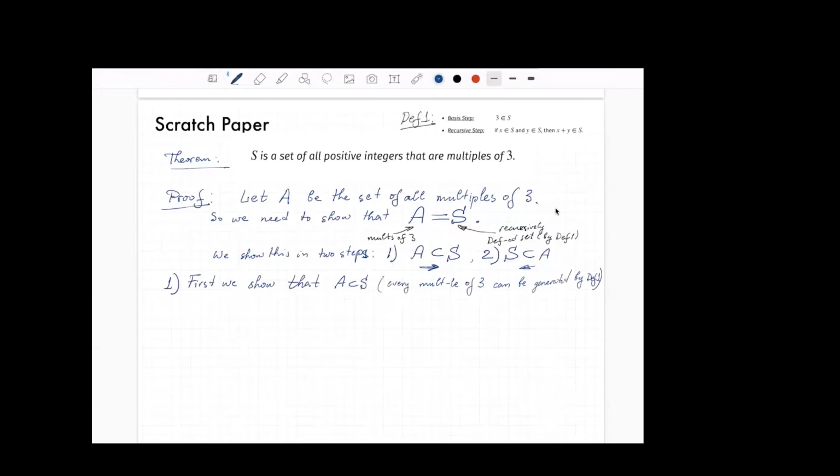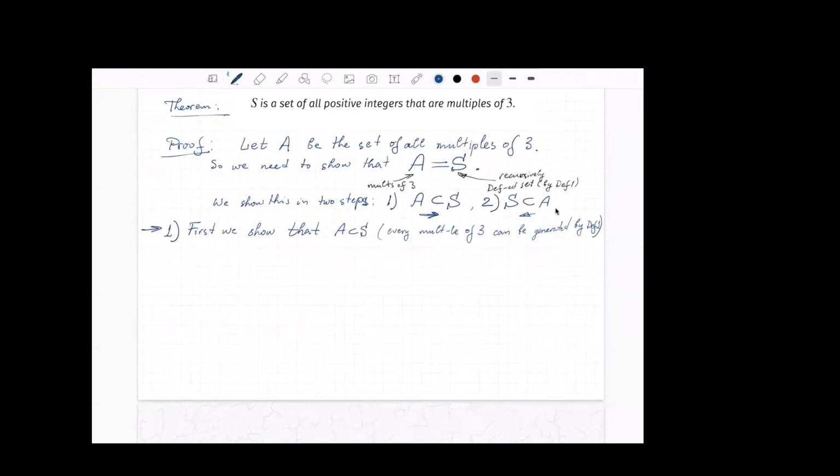Okay, so let's show that. So this is this direction here. That's first. We prove this by induction. The proof of this step is by induction.